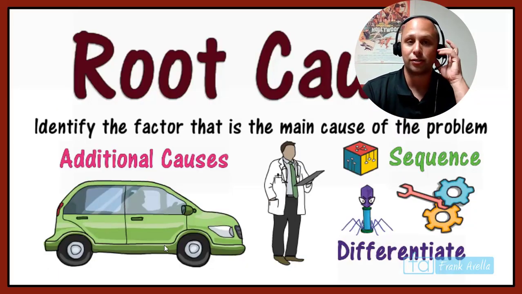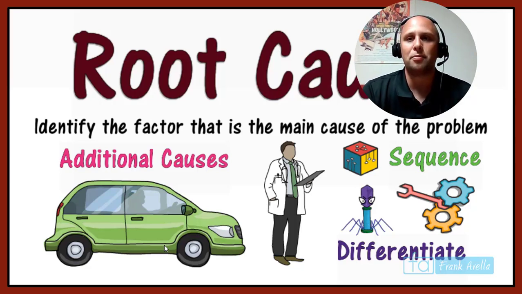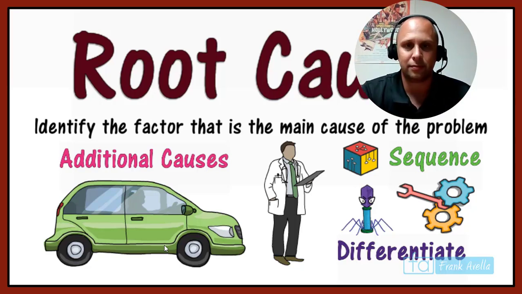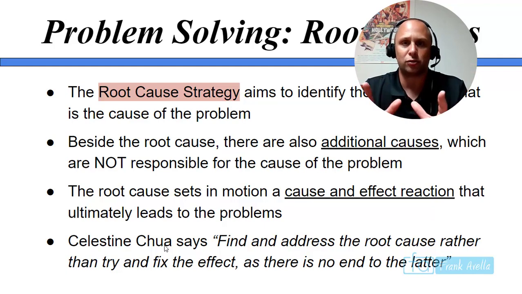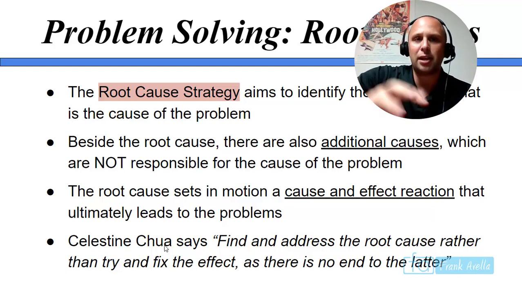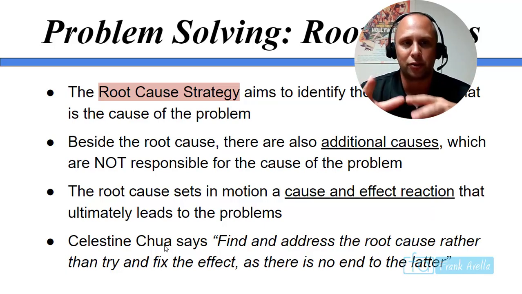All right, the root cause effect. Identify a factor that is the main cause of the problem. So here we go. Besides the root cause, there's also a number of additional causes, right? So the root cause is the main cause of the problem, but then there are additional causes that aren't actually responsible for the problem.